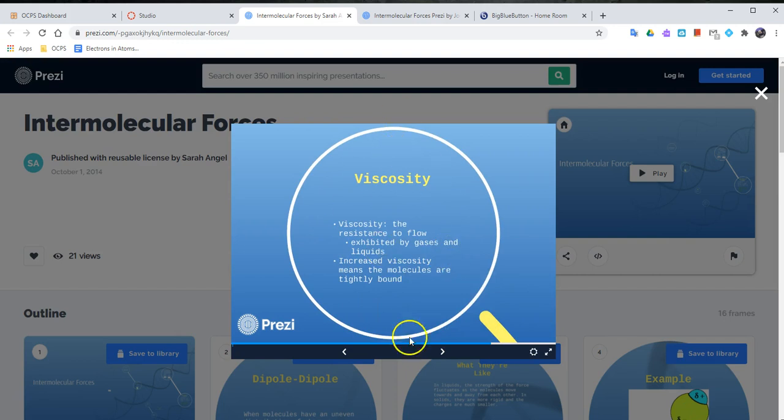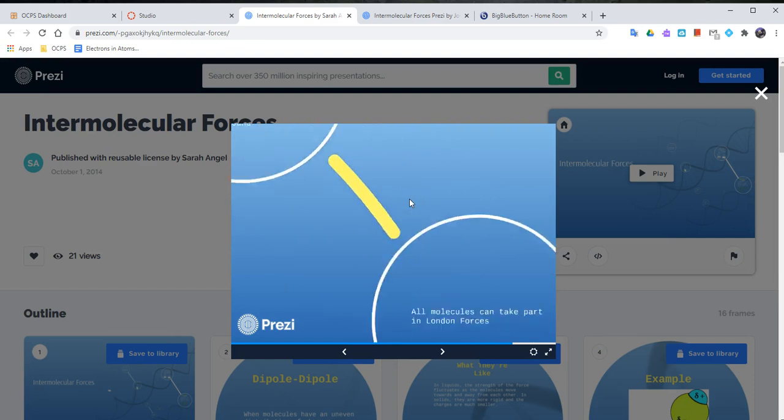Okay, and this also ends up affecting not just boiling points and melting points and all that, but it's also going to affect the viscosity, okay, or the resistance to flow. That's what viscosity is. So whenever you hear viscosity, you're going to be talking about how resistant something is to flow. Okay.